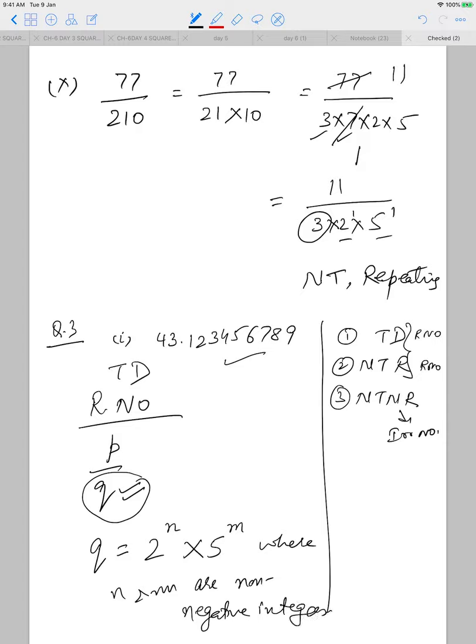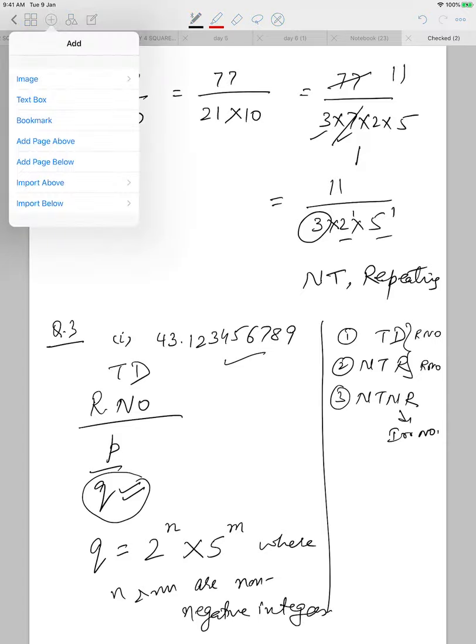Right? Second part is 0.1201, 2001, then 20001, 200001, and so on.